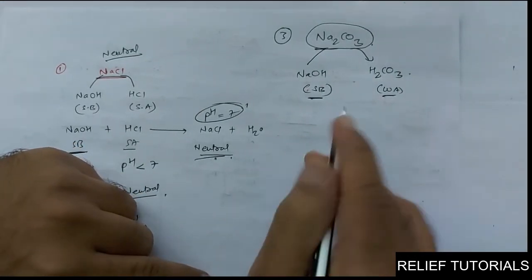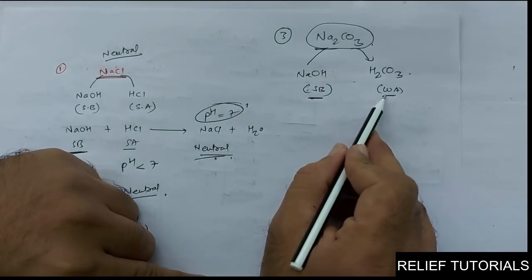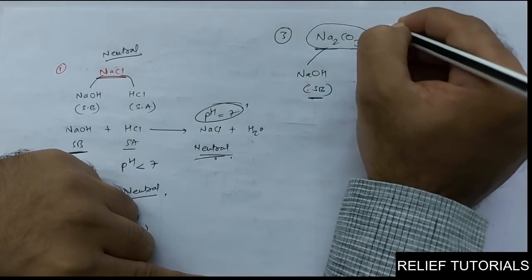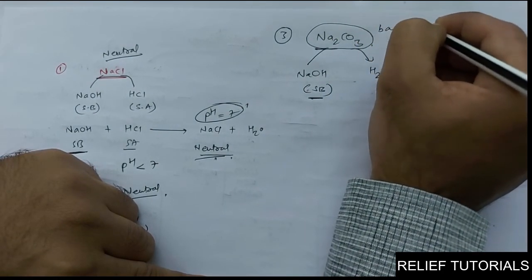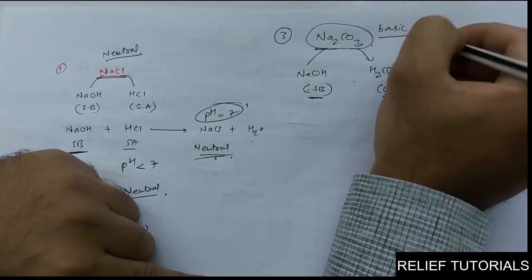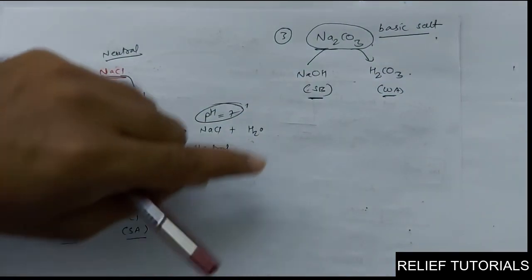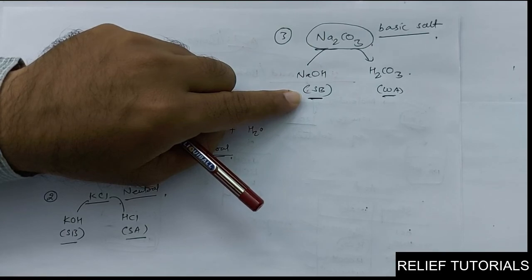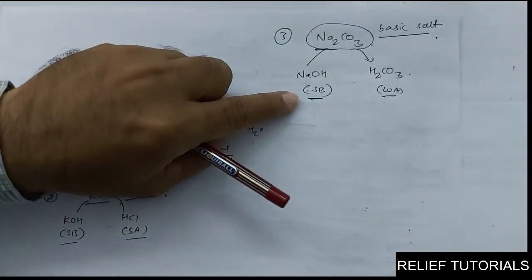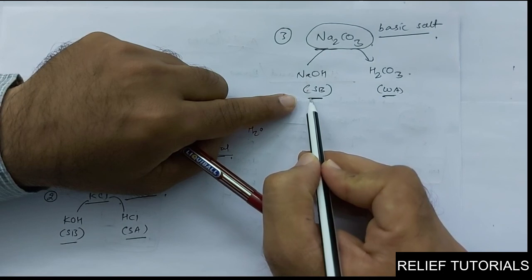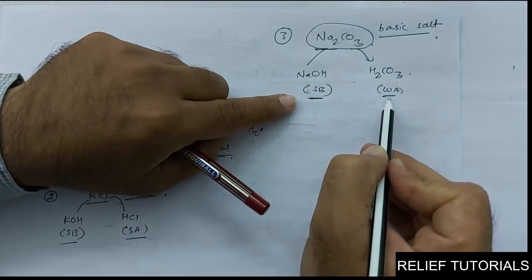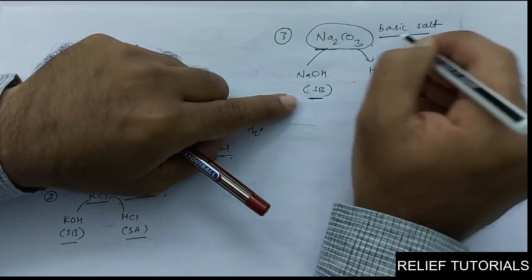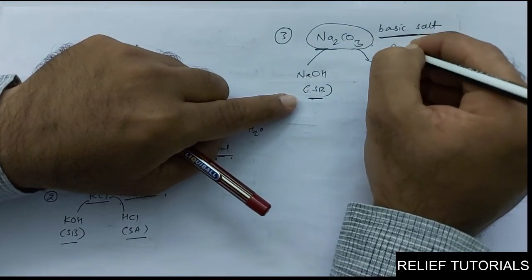This weak acid cannot destroy all the properties of the strong base, so the salt becomes a basic salt or alkaline salt, because its parent base is strong. The acid is weak but the base is strong. So because the weak acid is not capable of destroying all the properties of this strong base, the salt becomes basic or alkaline.